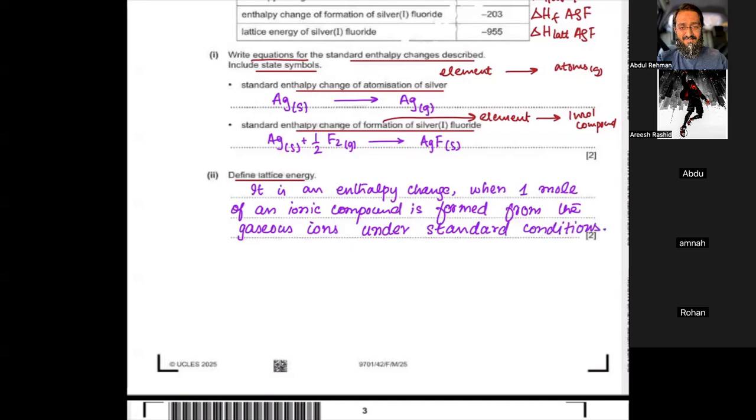I hope it's clear, and I hope that everyone remembers the definition.